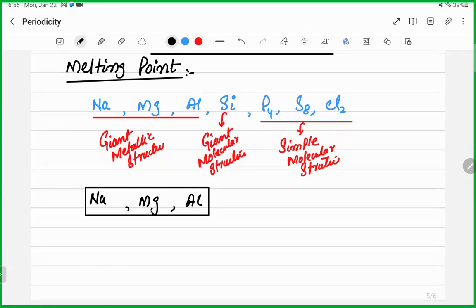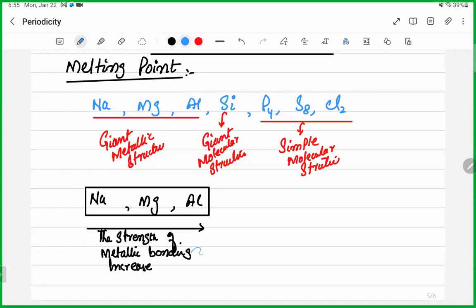So can I say that from sodium till aluminum, the strength of metallic bonding क्या होगा जनाब? बढ़ेगी, increases. ठीक है? अच्छा, अब when they ask you why it increases, तो आप बोलेंगे due to increase in number of delocalized electrons. है ना?